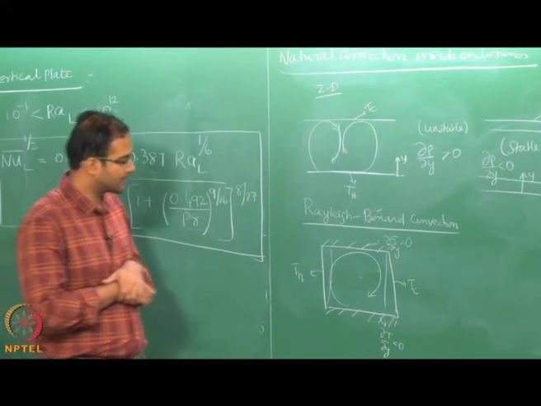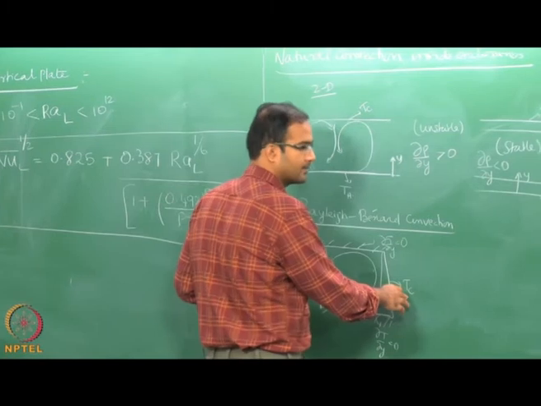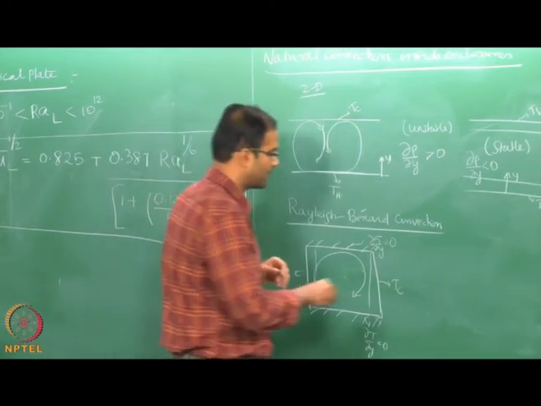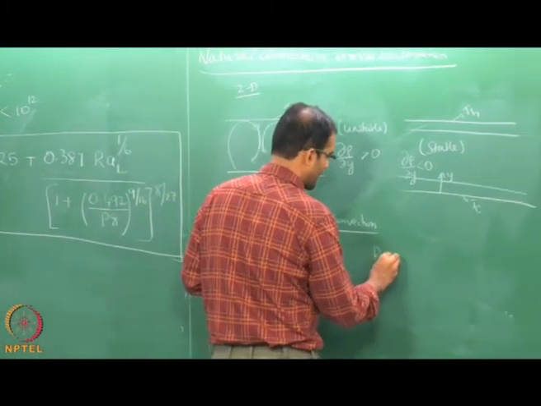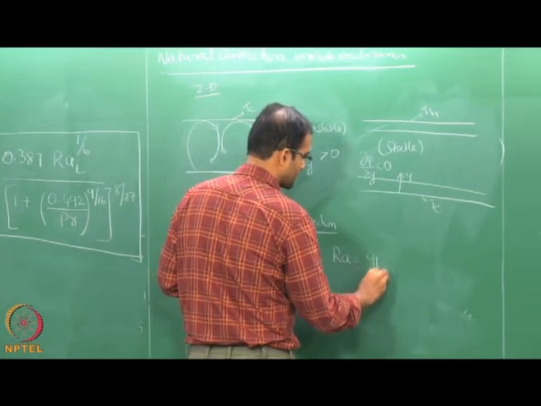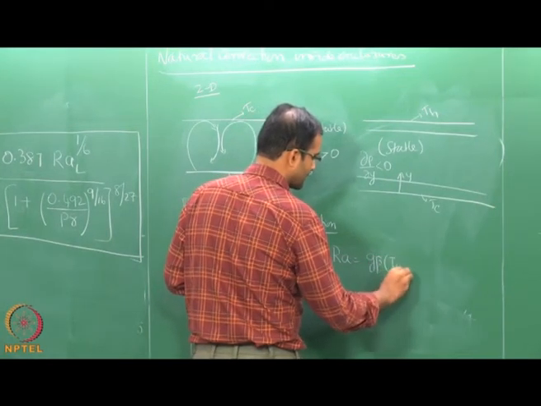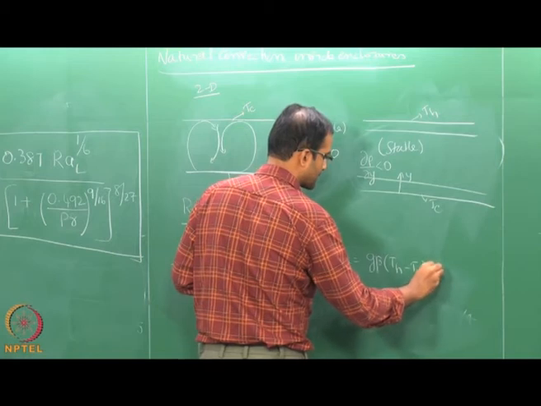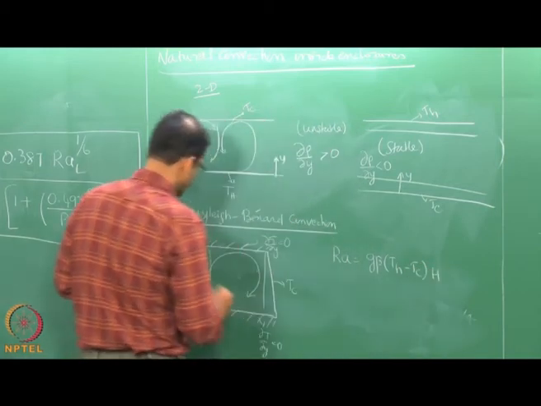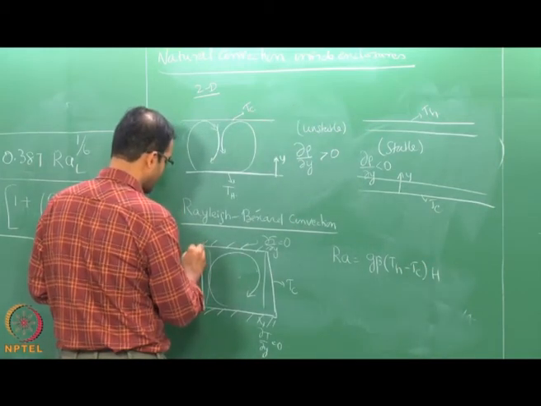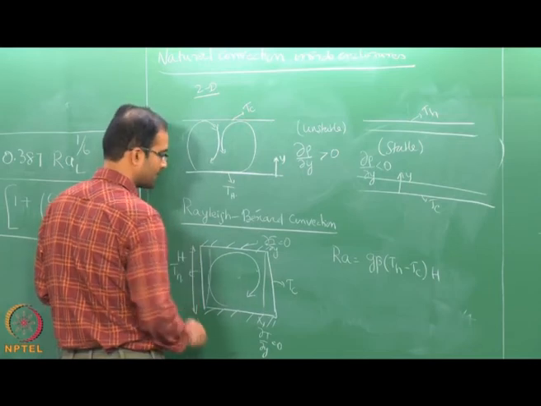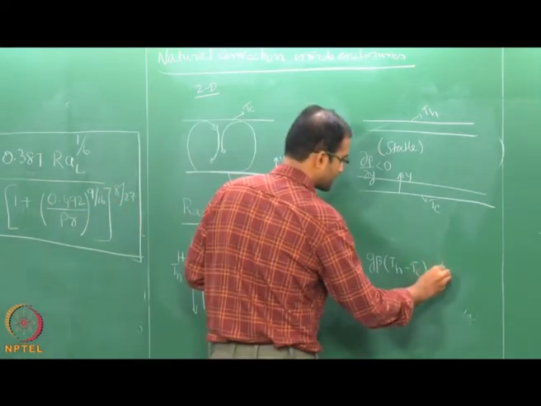Now, very small temperature differences. If you define, for example, the Rayleigh number based on this temperature difference between the left and the right walls, and let us say the cavity is a square cavity with sides of dimension h.